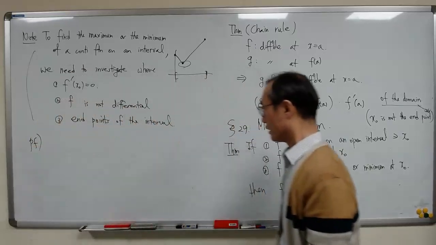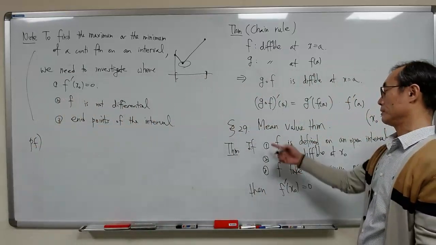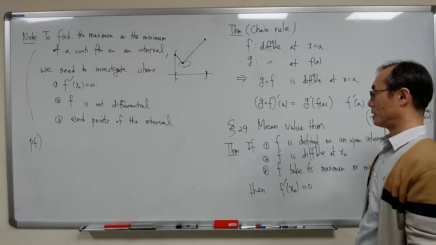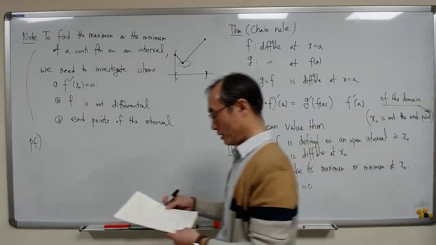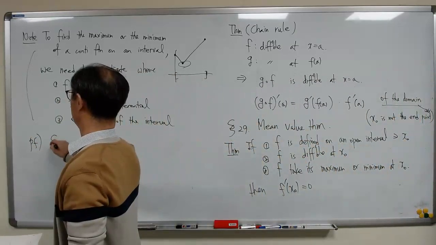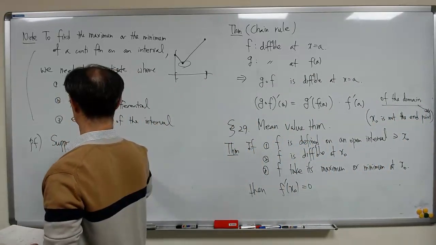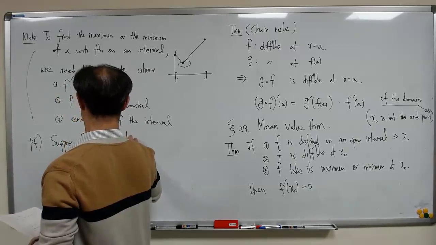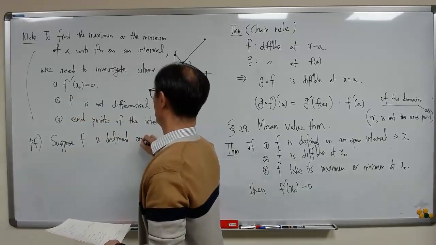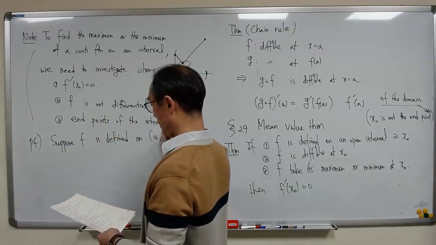So let's consider the proof of this theorem. The function f is defined on an open interval from a to b.